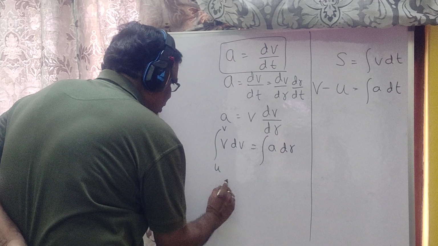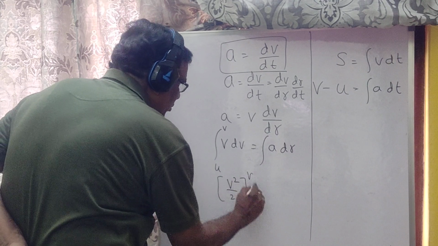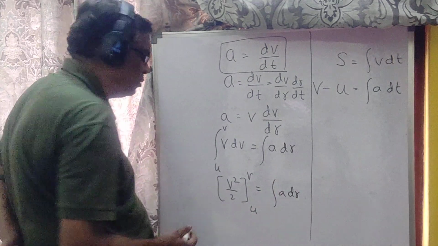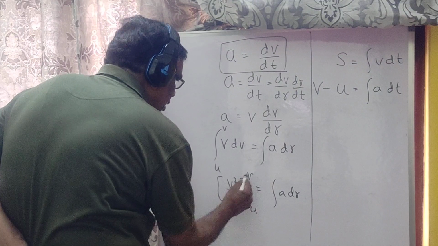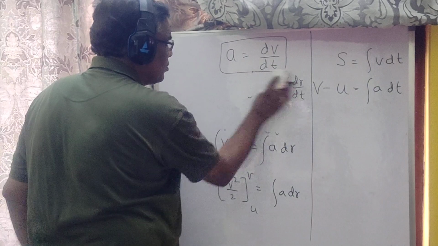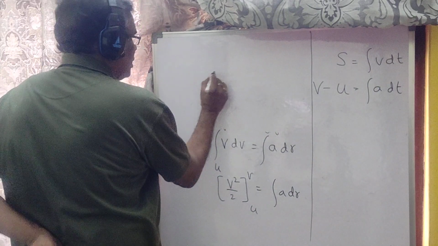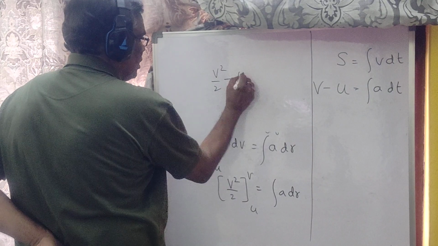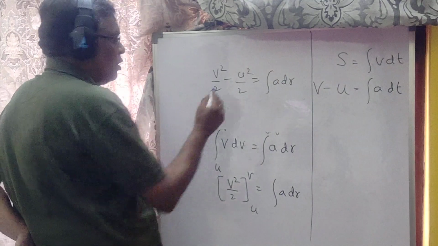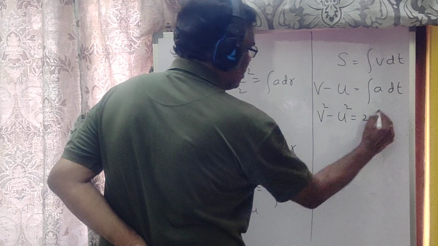So v dv I can write as v square by 2. I will substitute these limits at the appropriate time. If I substitute, what do I get there? v square by 2 minus u square by 2 is integral a dr. Or I can write it as v square minus u square.